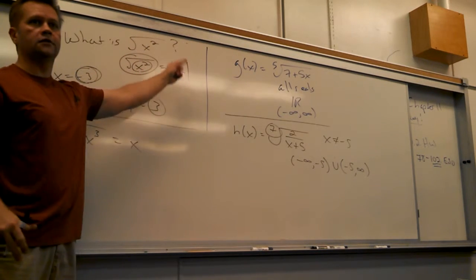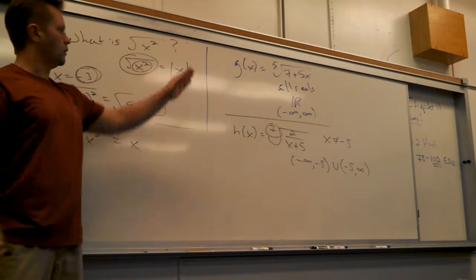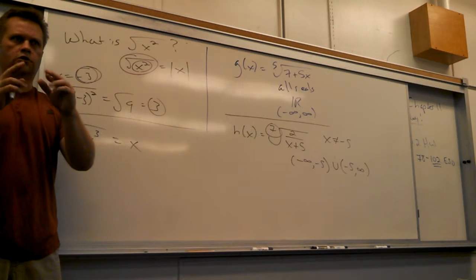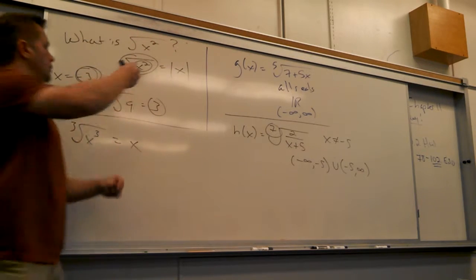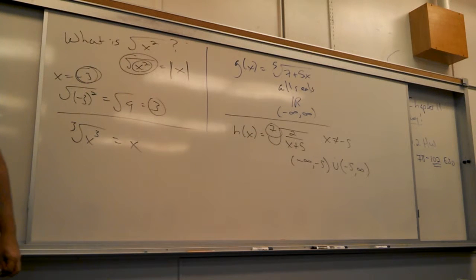But the output, I don't care what's going on inside, the output cannot be negative. So that's why I need the absolute values around that. Is that cool? So there's a difference between domain, what you are allowed to put in, and what comes out. And in this case, I had to put this here so the output would be the way it's supposed to be. It's got to be positive output.